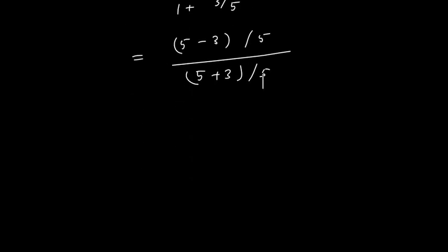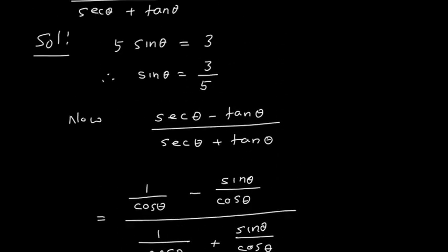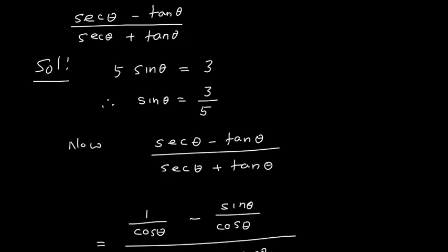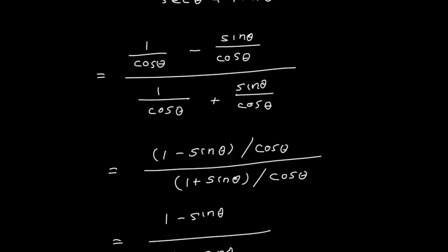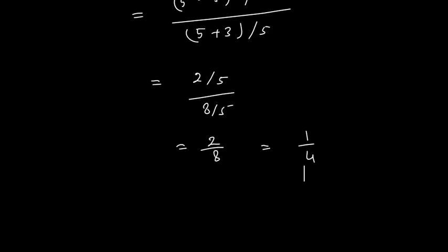So 5 minus 3 is 2. 2 divided by 5 upon 8 divided by 5. So the denominator 5 will cancel, and we have 2 upon 8, and the value of this 2 upon 8 is 1 upon 4. So the value of sec theta minus tan theta upon sec theta plus tan theta is 2 upon 8, that is 1 upon 4.